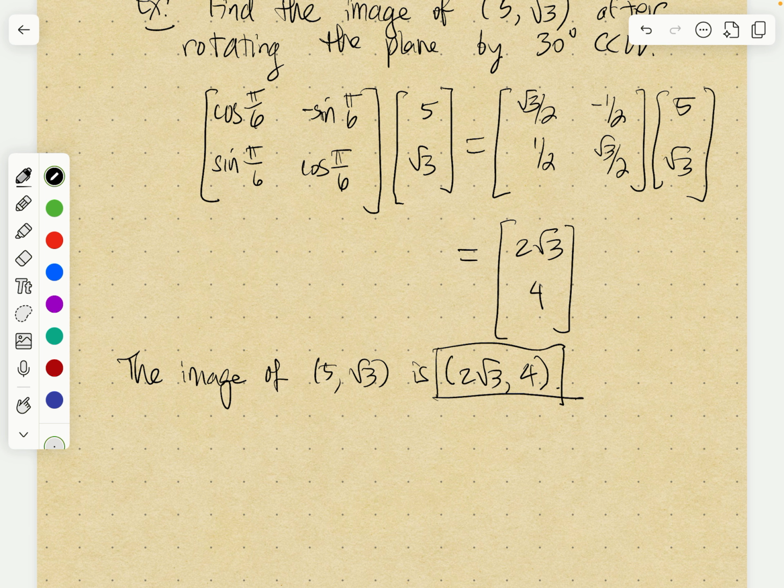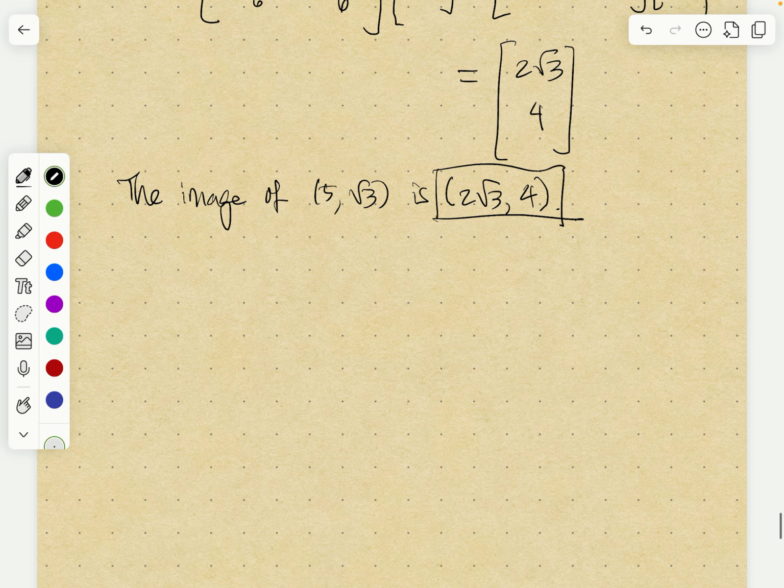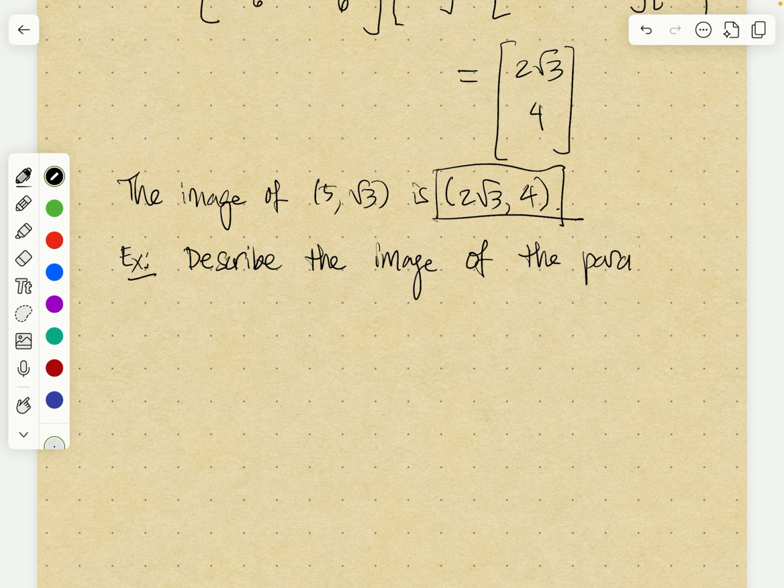Okay. Now you don't only see what happens to specific points, you can actually see what happens to whole curves. So for instance, let's do another example. Describe the image of the parabola. Because remember, this transformation is taking all the points on R2.